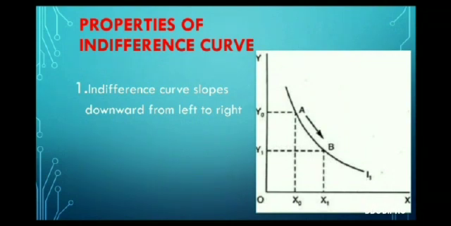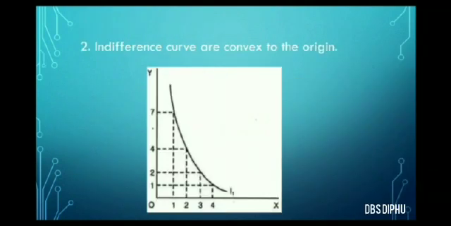Point number 2 is that indifference curves are convex to the origin. Now you see here, the indifference curves are normally convex to the origin because the marginal rate of substitution of two goods, say X and Y, diminishes as more and more quantity of X is substituted for Y, as shown in the diagram.